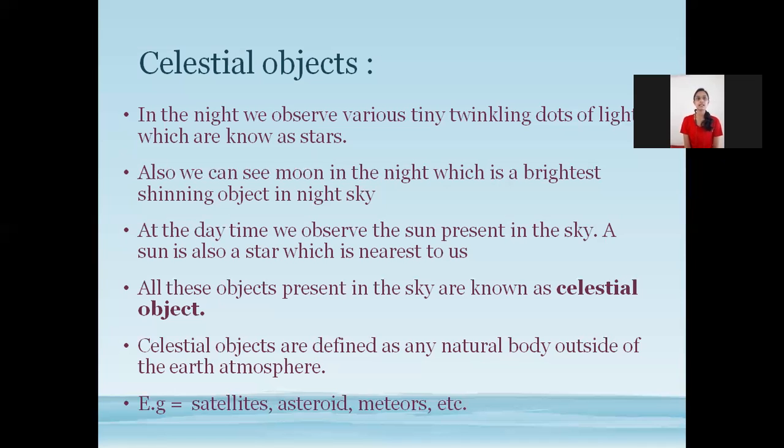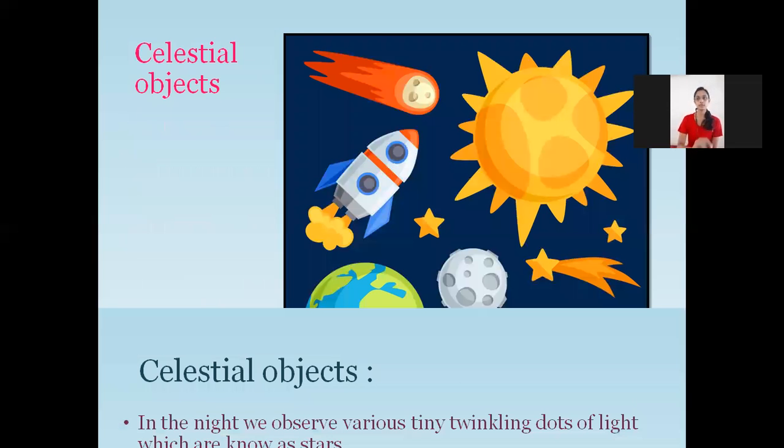as celestial objects. Yes, when we talk about stars and planets, we arrive at our solar system. So let's understand what our solar system is. Before that, take a look at celestial objects.